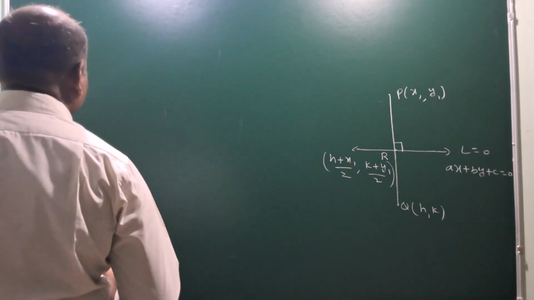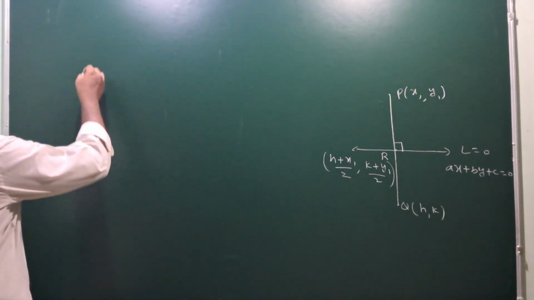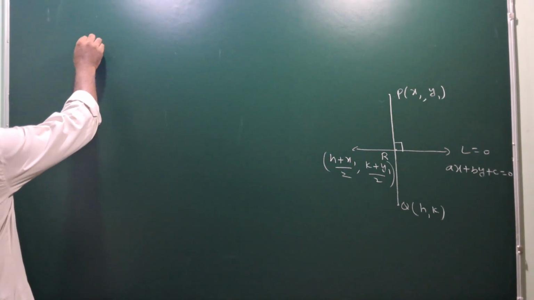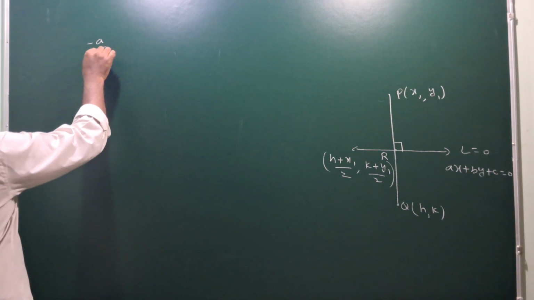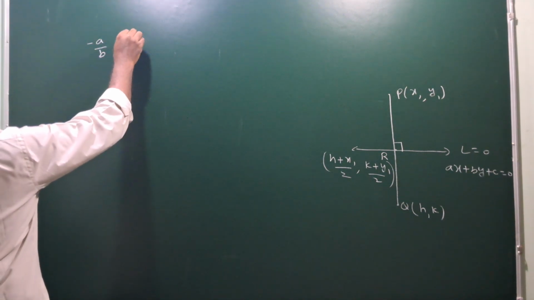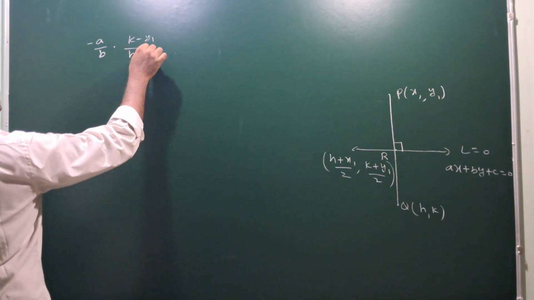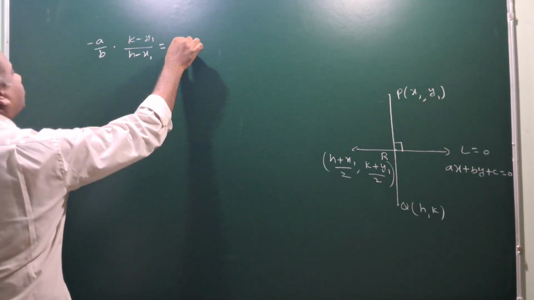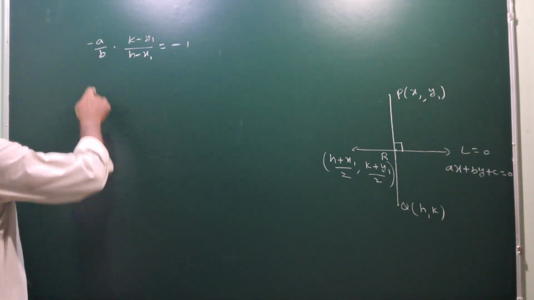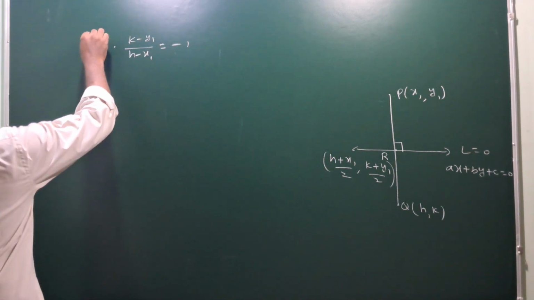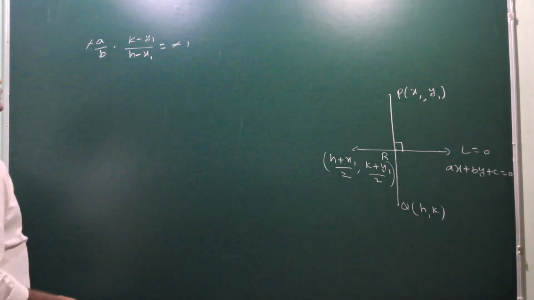So product of slopes is -1. So slope m1 means -a/b, m2 means (k - y1)/(h - x1), which is equal to -1. Okay, so cancel the signs on both sides, minus minus.